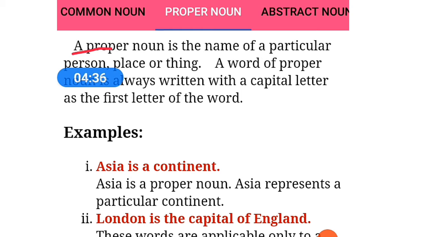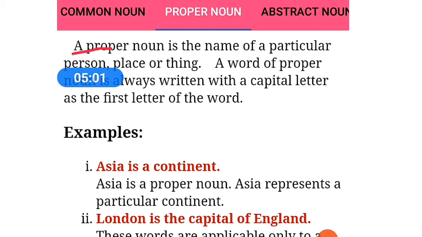A specific name of a person is a proper noun. Means if my name is Max, then M is the letter which we have to use in capital, and my name is Max, therefore Max became a proper noun, the name of a person. Then we will see the name of a place.